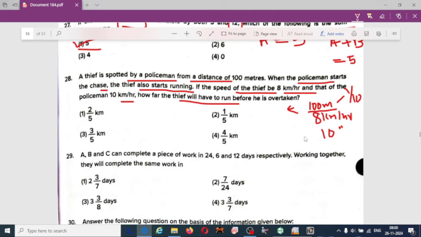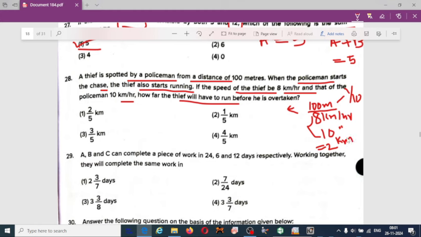Then if you take the difference of the speeds of the policeman and the thief, we will get 2 kilometers per hour.